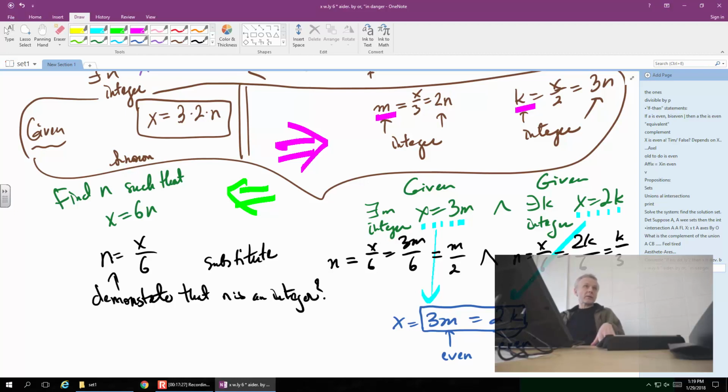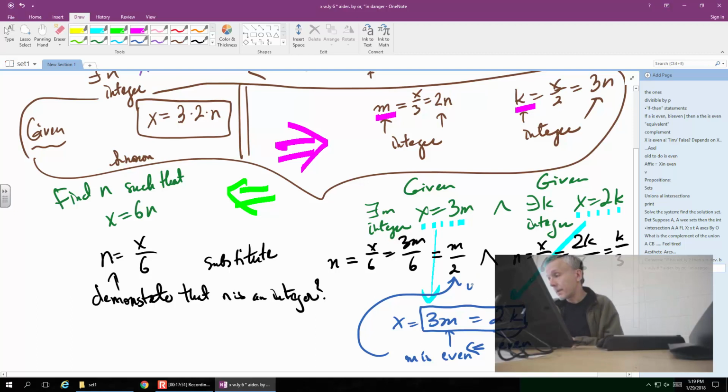No, it cannot. You need m to be even in order for 3m to be even. So we conclude that because 2k is even, therefore m is even. And why do I want that? Why does it matter? Because then m over 2 is an integer. That's right, so then m over 2 is an integer.